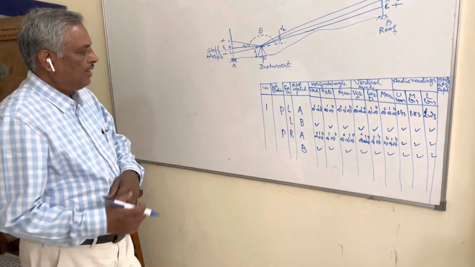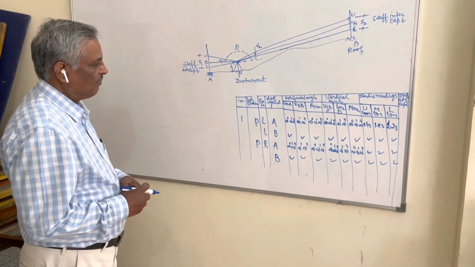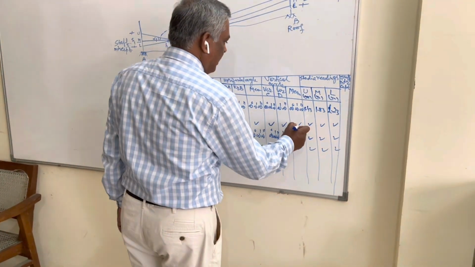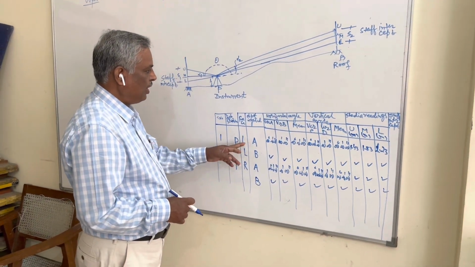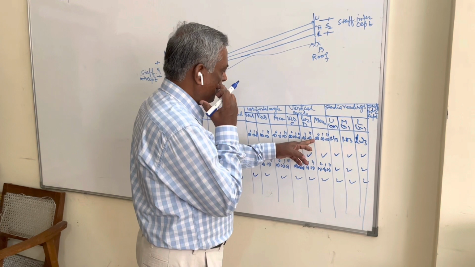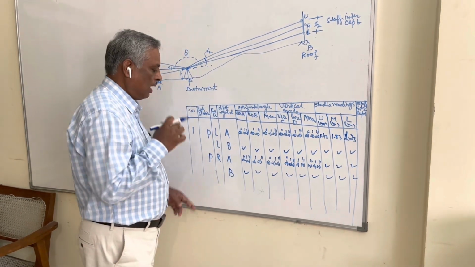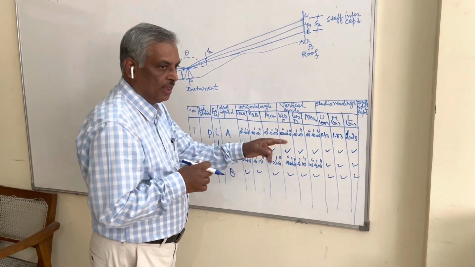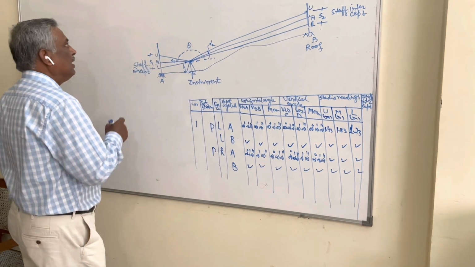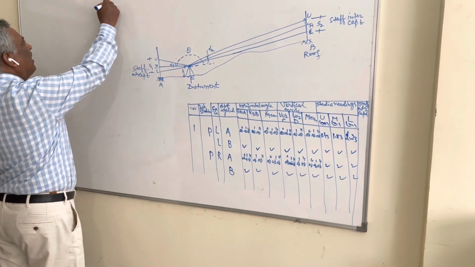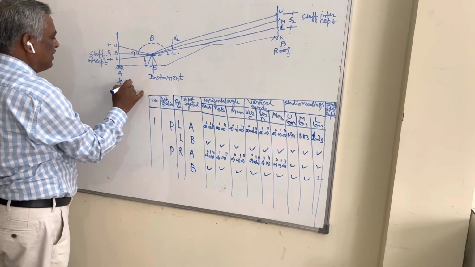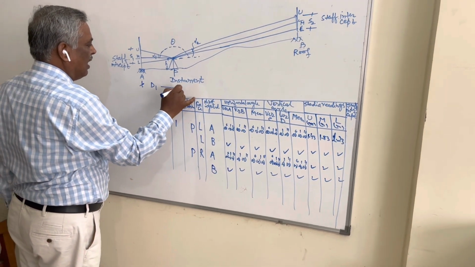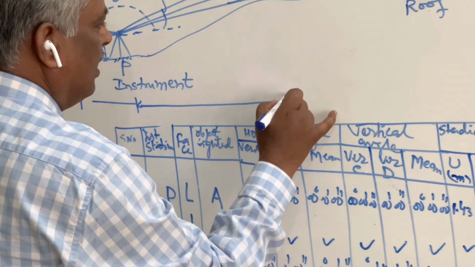So you have to find the alpha 1, the vertical angle. From P to A, alpha 1 is 0. P to B, alpha 1 is some reading. Then you can find the horizontal distance between P to A is D1 and P to B is say D2.